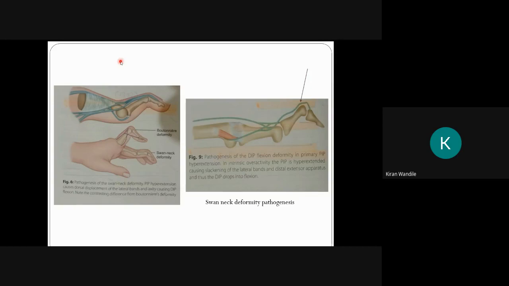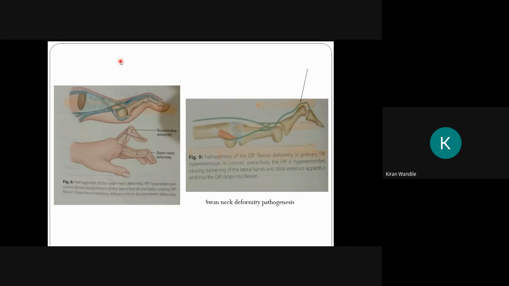And also there is damage to the volar plate due to synovitis of the PIP joint. So these two factors aggravate the extension at the PIP joint. So primarily in swan neck deformity, the PIP joint goes into hyperextension.